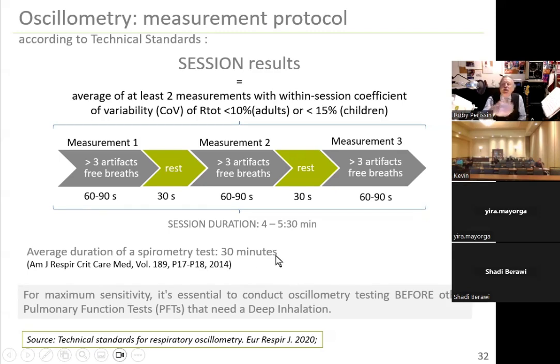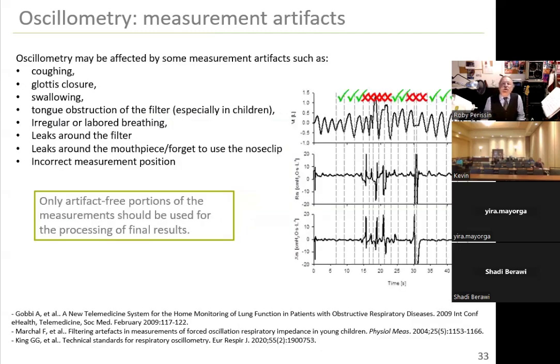So advantage number one in your clinical practice is speed. You're going to reduce your waiting list. Even though oscillometry doesn't require a forced maneuver, it requires some quality control, because patients can cough, swallow, close the glottis, or leak from the mouthpiece. A special quality control allows you to overcome all that, and only the good breaths are accepted and considered.